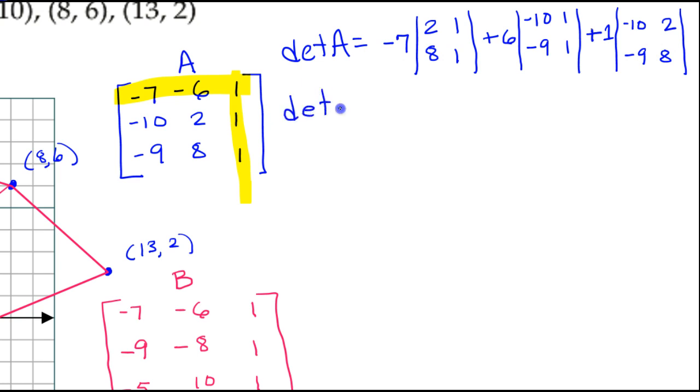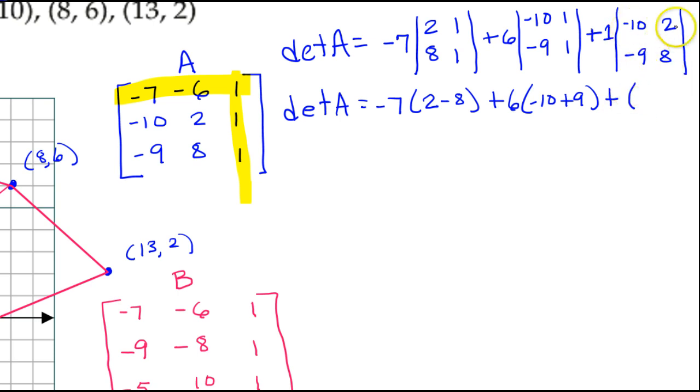So the determinant of A is going to be negative 7 times the down diagonal minus the up diagonal. So 2 minus 8. And then 6 times the down diagonal minus the up diagonal. So that would be negative 10 plus 9. The up diagonal is negative 9. Minus negative is a positive. All right, now this 1 is not really doing anything, so I won't put it.